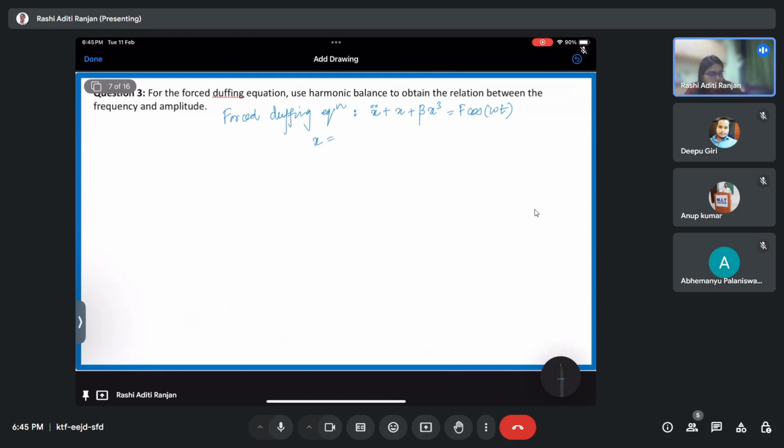Again, we assume x equals a cos omega t plus b sin omega t. We'll find the differentiation, x dot.